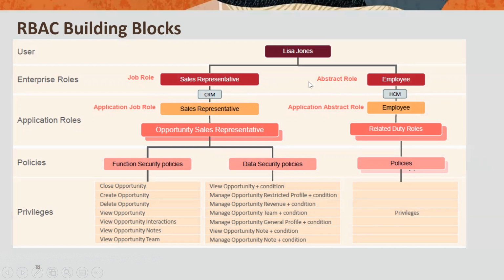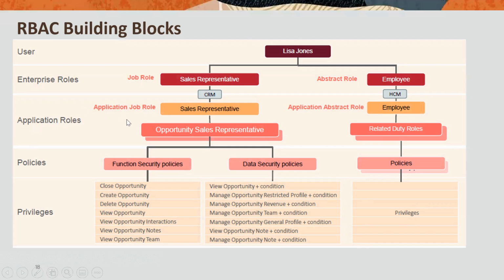These roles are provisioned through the role provisioning feature. The sales representative belongs to the CRM module, and employee belongs to the HCM module. HCM is the human capital management module, and CRM is the customer relationship management module.